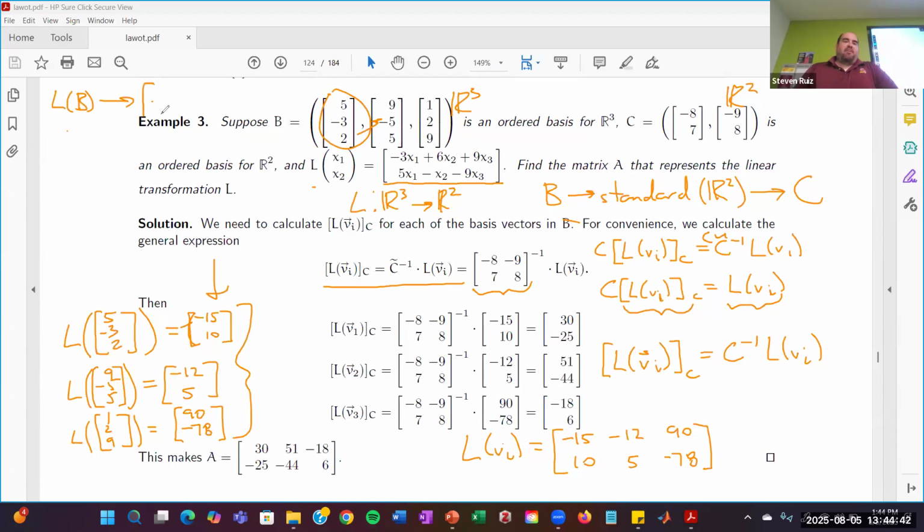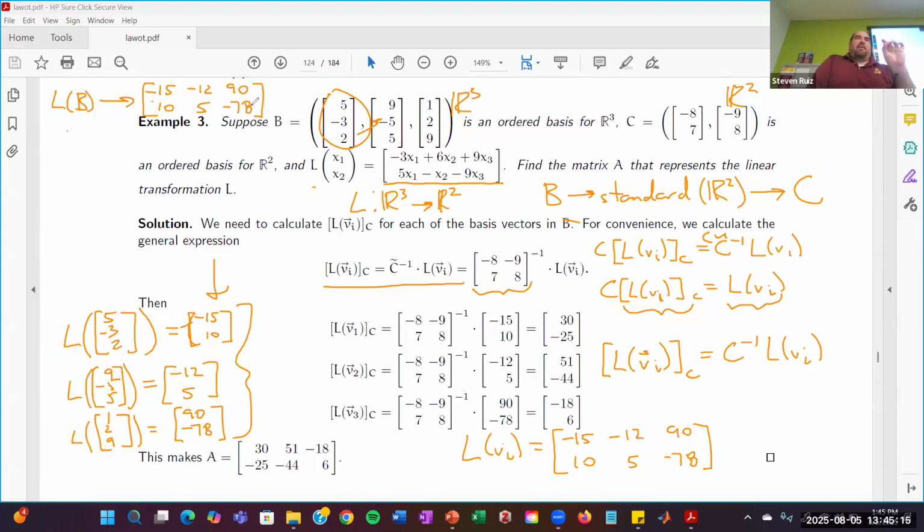But what were those things in the standard basis of R2 that it gave us? That was negative 1510, negative 12.5, 90, negative 78. So the question I'm trying to answer now is, if those are the coordinates, so basically that's the result of applying the transformation to the vectors in basis B, but those are all written in the standard basis.